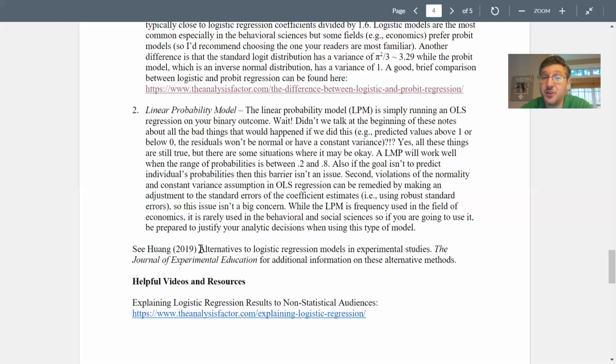But there was a recent article here, on different alternatives to logistic regression models in experimental studies, in the Journal of Experimental Education, where Francis argues for the use of the linear probability model, that it's a good alternative to the logistic regression model. So you can read about that if you want to learn a little bit more about it.